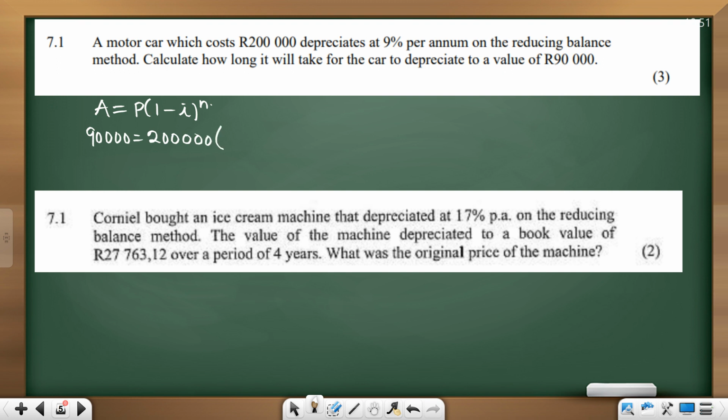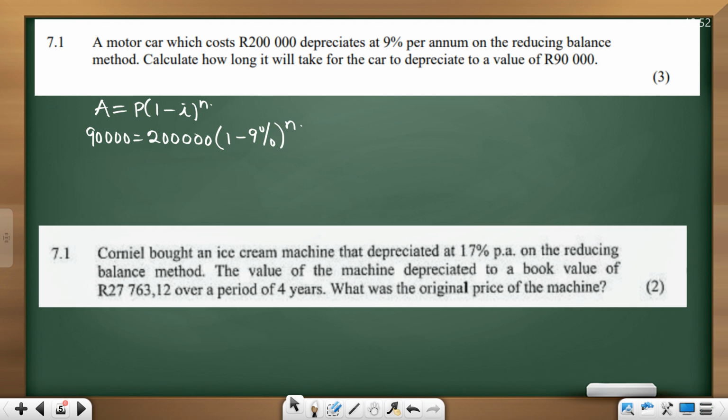Please count the zeros. Very important. 1 minus 9%. And we're looking for what? n. What do we do? We divide both sides by 200,000, right? 9 over 20. 1 minus.